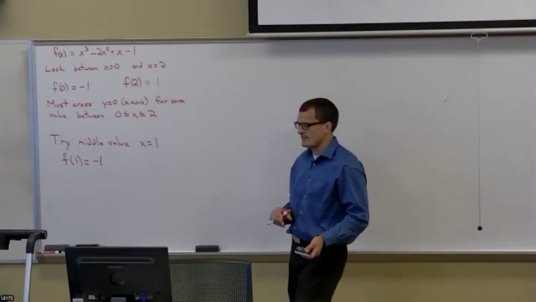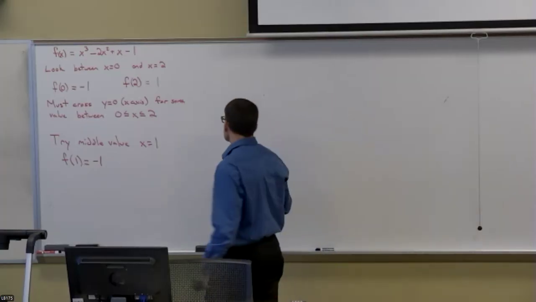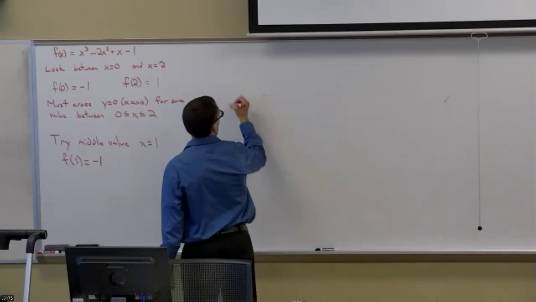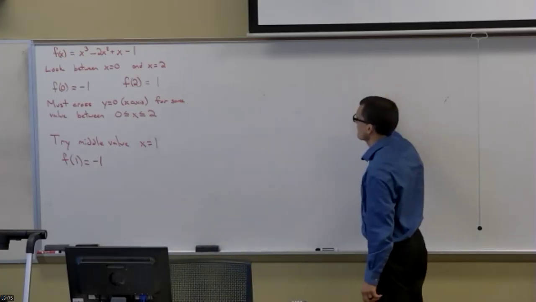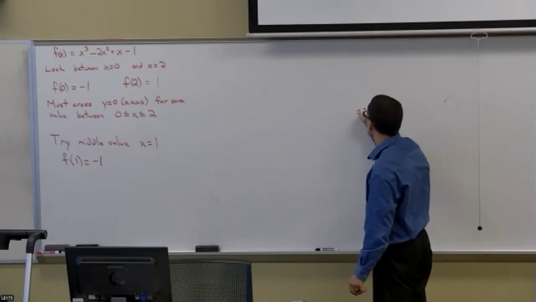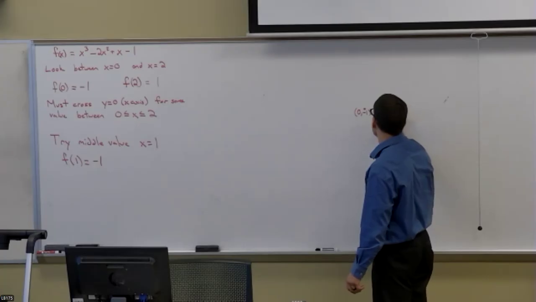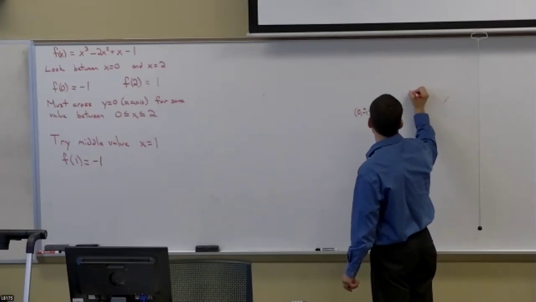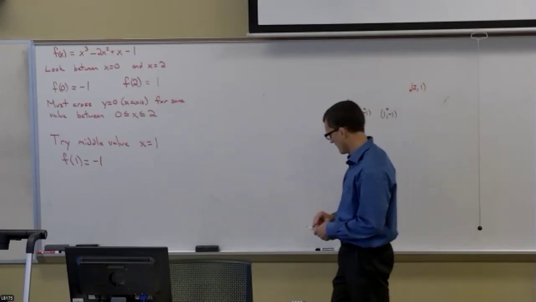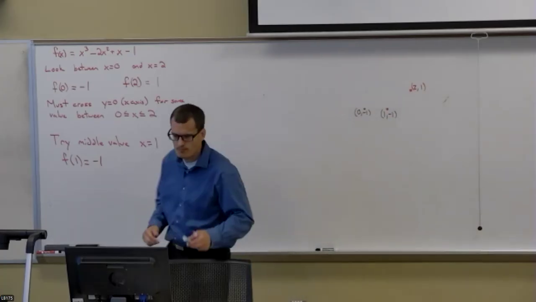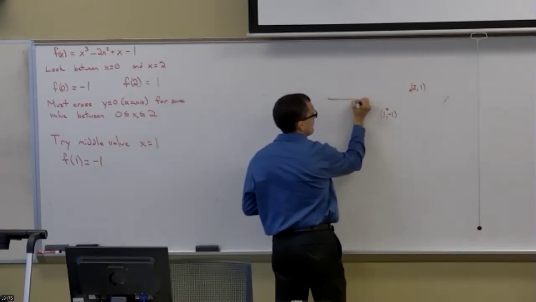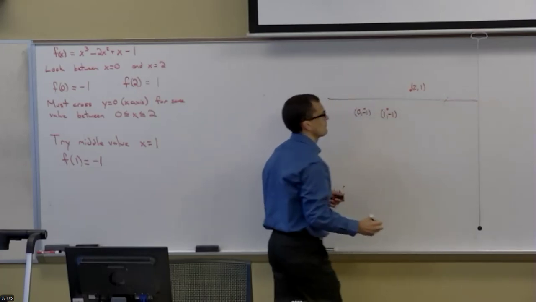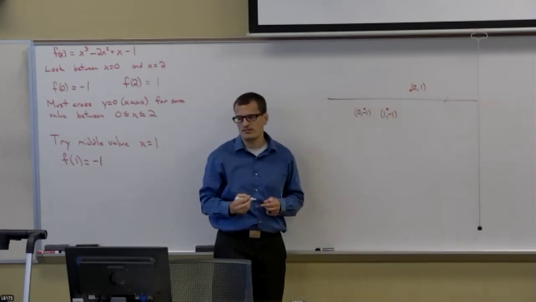Now, let me write it over here. I'm going through the point 0, negative 1. I'm also going through the point 1, negative 1. And then I'm going through the point 2, 1. And the whole time, we're comparing that to where the x-axis is.